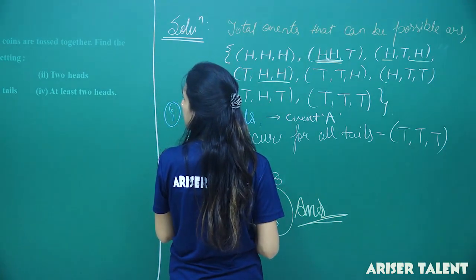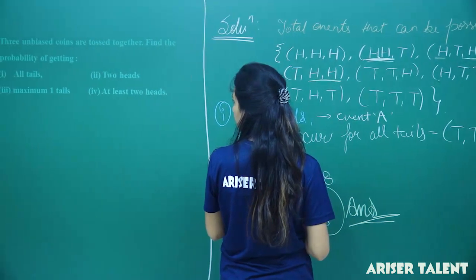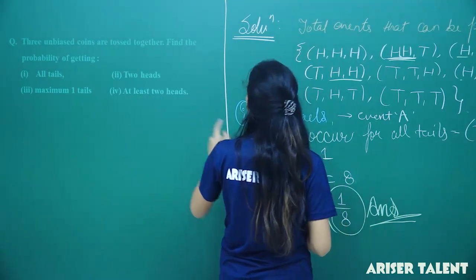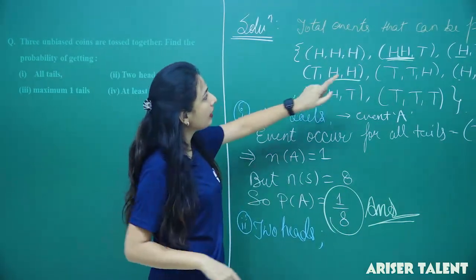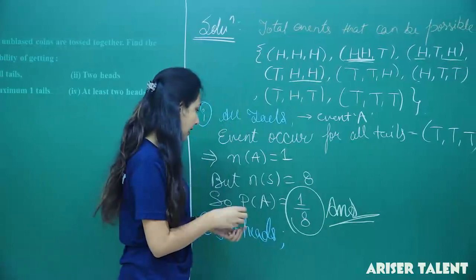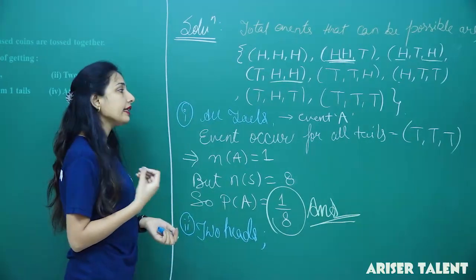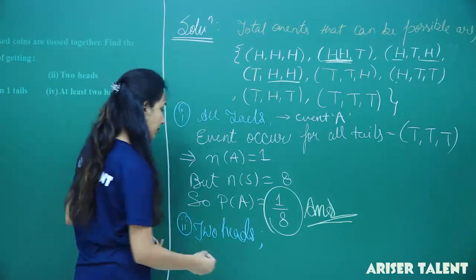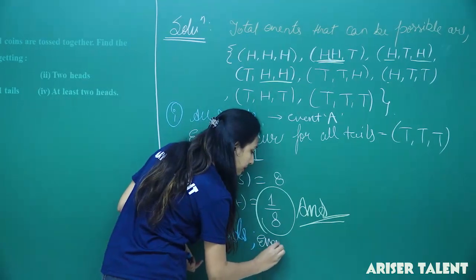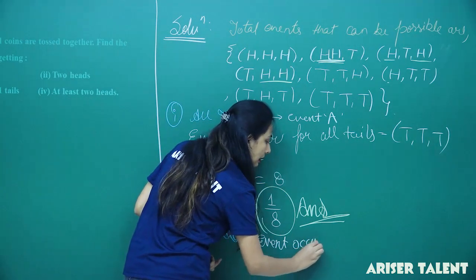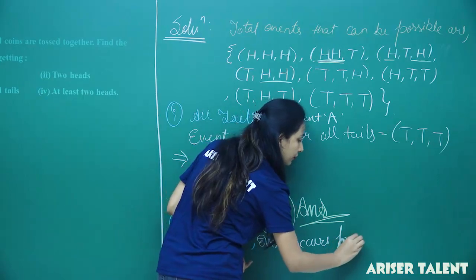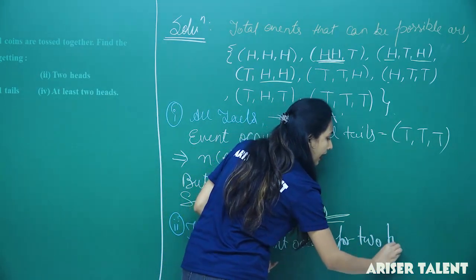We have done this particular question. So there are 1, 2, 3. Three are the events that occur for 2 heads.